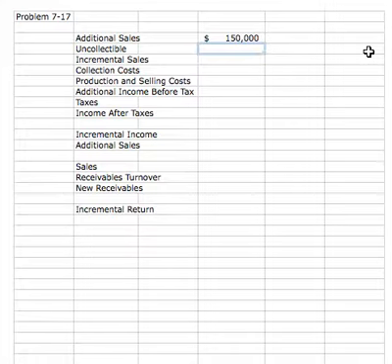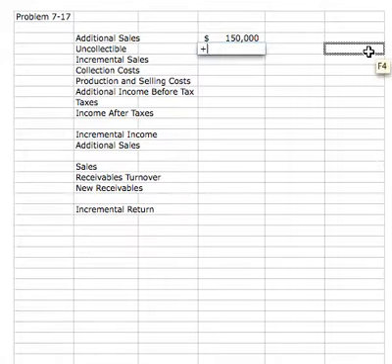So that's the very first thing we need to do, is figure out how much income this decision will make for the company. So let's start plugging in some of the numbers that we have here. Of the new accounts receivable generated, 5% will prove to be uncollectible.